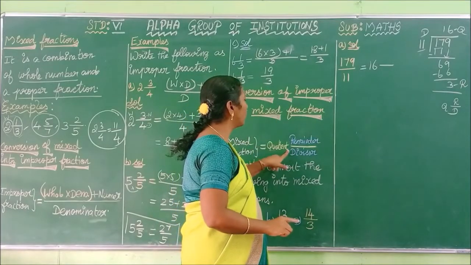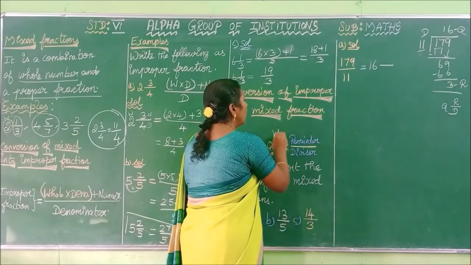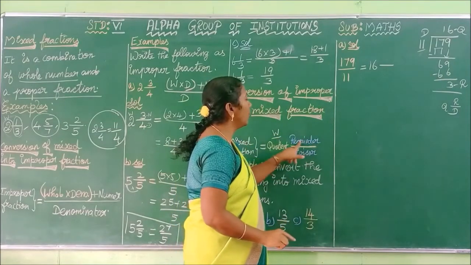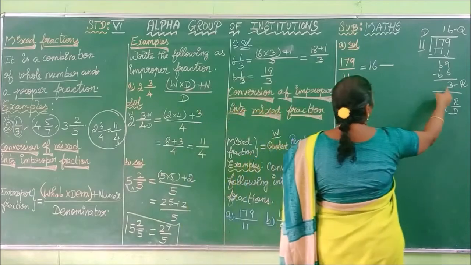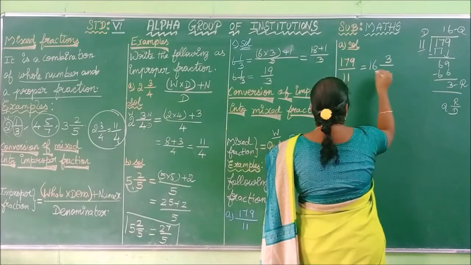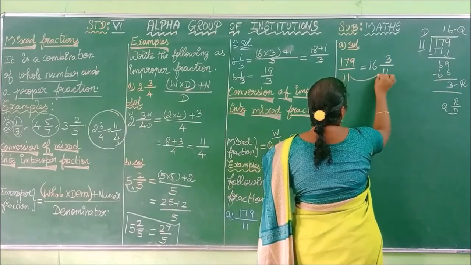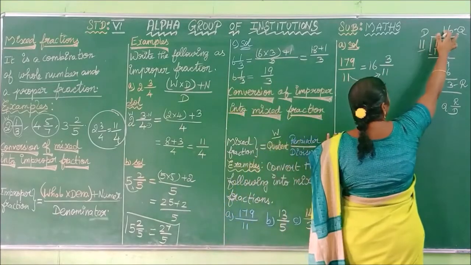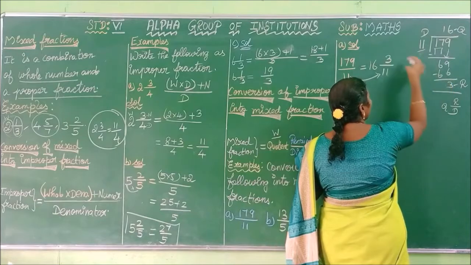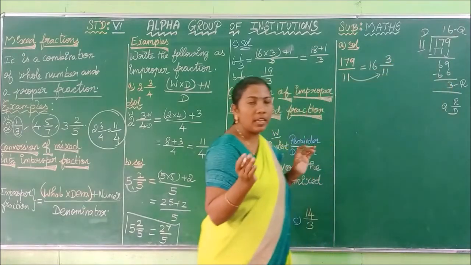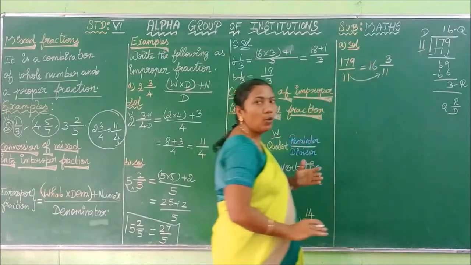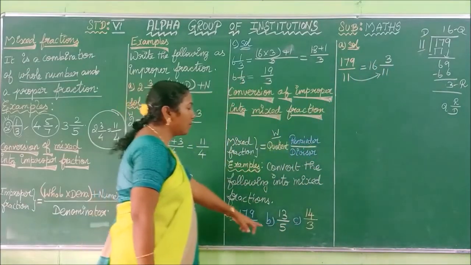And then for the numerator, you have to write the value of the remainder, 3. And write the divisor as the denominator. So the denominator remains the same, children. Remainder became the numerator and quotient became the whole part. I hope you understand.